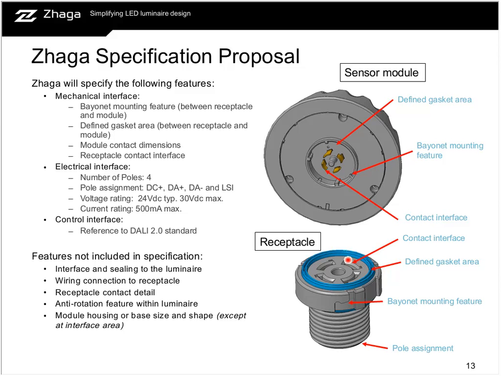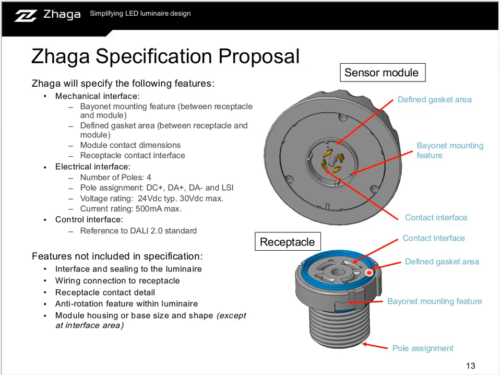Like I said before, the interface. So this area of the module, including the keying and the bayonet features, the contacts for the module, and then on the receptacle itself, the apertures for the connection, and then the sealing area for the sealing between the module and the receptacle. That will be defined on both the module and on the receptacle.